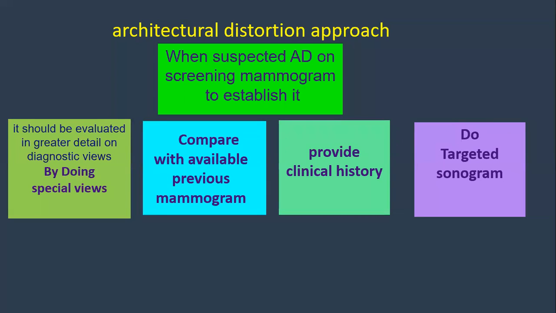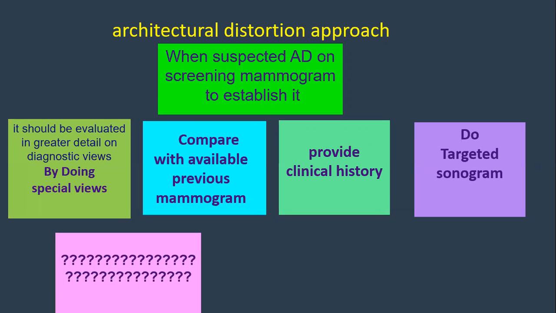Those who have digital tomosynthesis usually do screening with 2D and 3D together. But those who have not, or are not using it routinely for screening, can use it in the diagnostic setting as an adjunct to the diagnostic mammography to make sure if this is an architectural distortion or not.